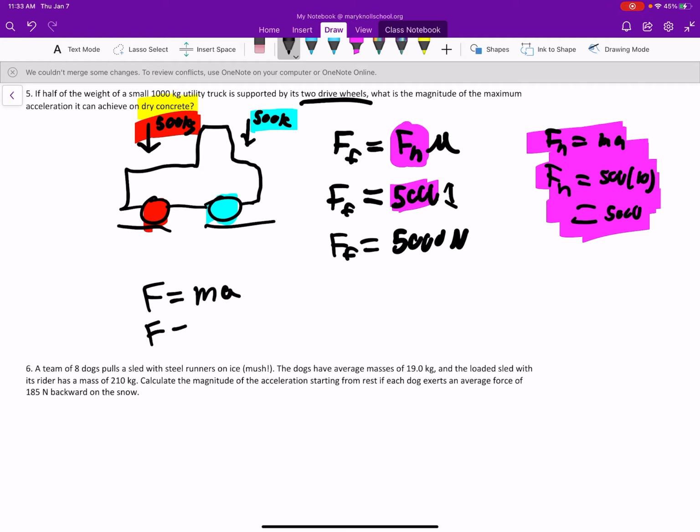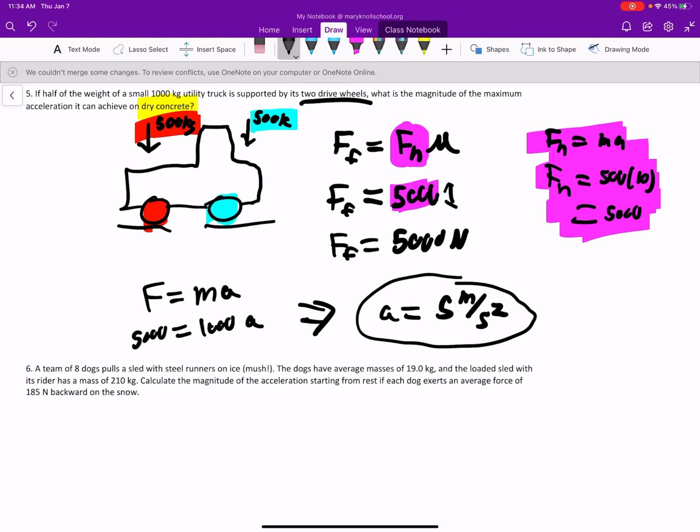So force is the mass, which is 1,000, times acceleration. And we put the force in there, which is 5,000 newtons. Divide both sides by 1,000, and we end up with the acceleration being 5 meters per second squared.